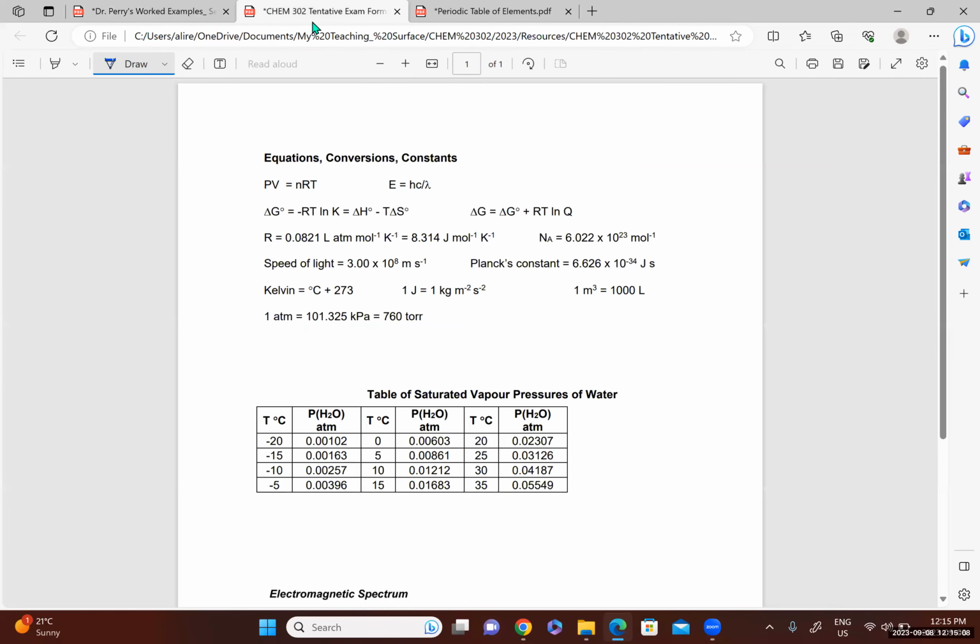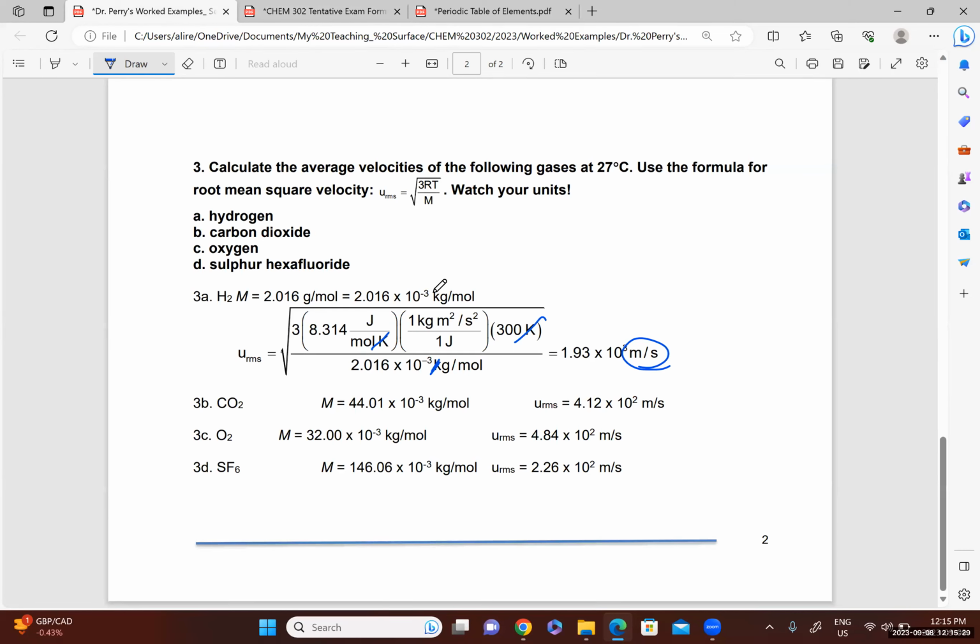What are those units? Look, it's in the equation sheet. It's given. 1 joule is 1 kilogram meter squared over second squared. Sorry, this is meter squared, not inverse meter squared. I will fix this.